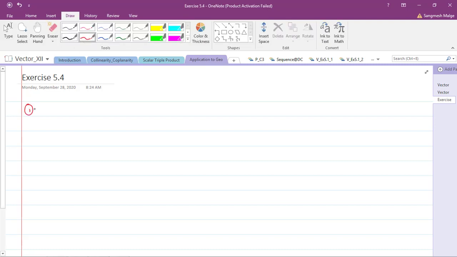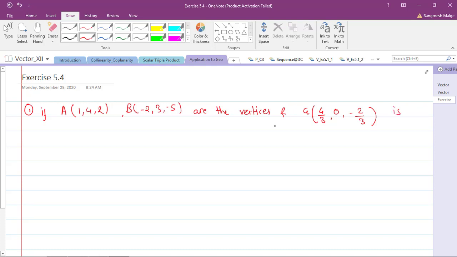The statement goes like this: if A(1, 4, 2) and B(-2, 3, -5) are the vertices and G(4/3, 0, -2/3) is the centroid of a triangle ABC, then by vector method find the midpoint of side BC.